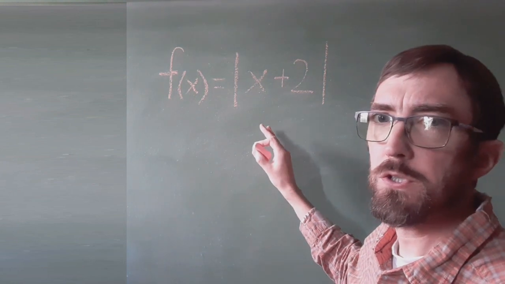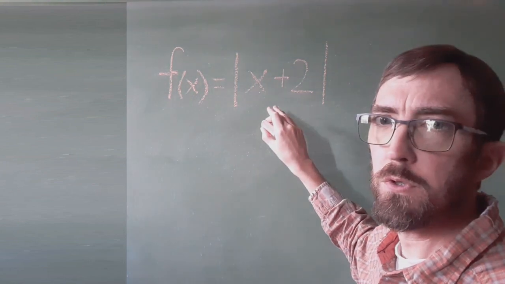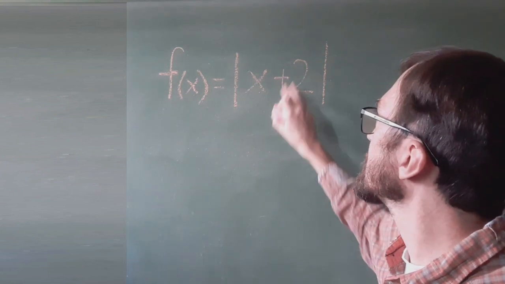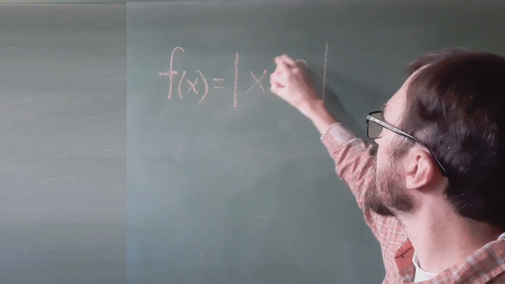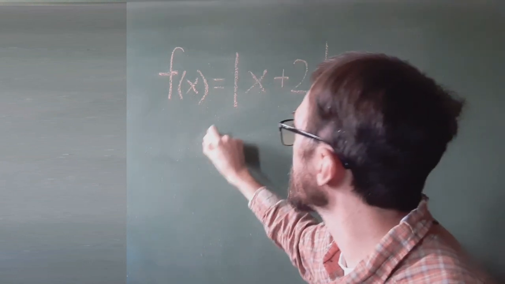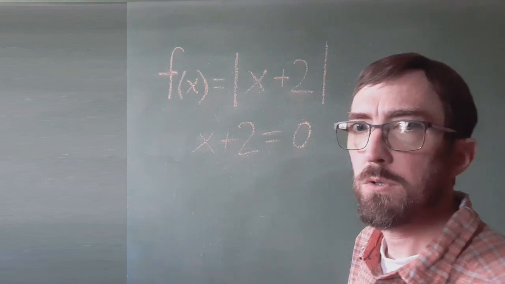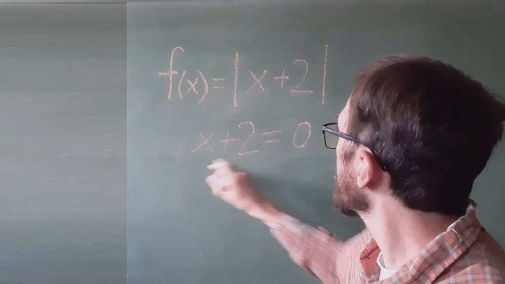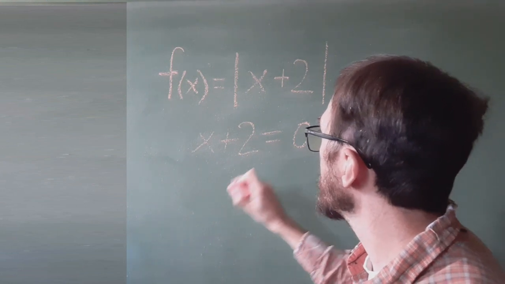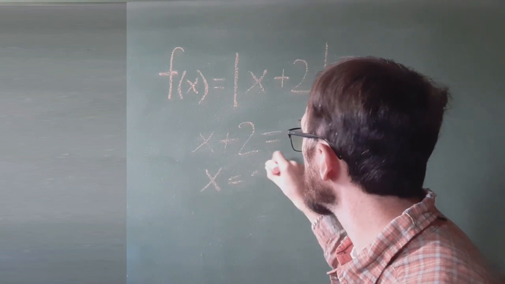One of the first things to do when starting to determine what a graph for this is to see if we can find out what sends this to 0. So we're going to look at just the inside and set it equal to 0. If I subtract 2 from each side, that says that x is going to be -2.